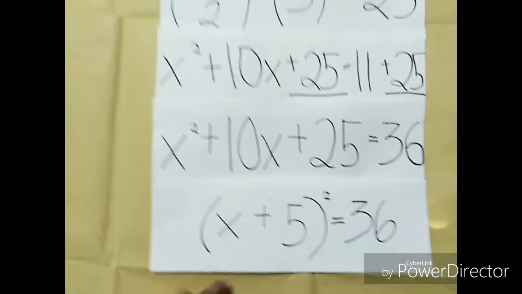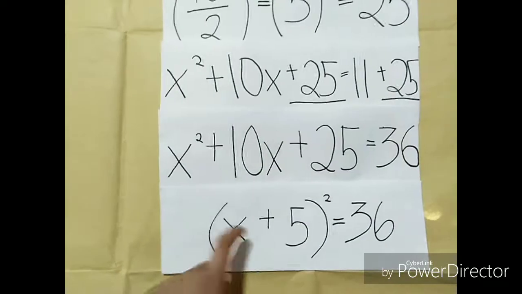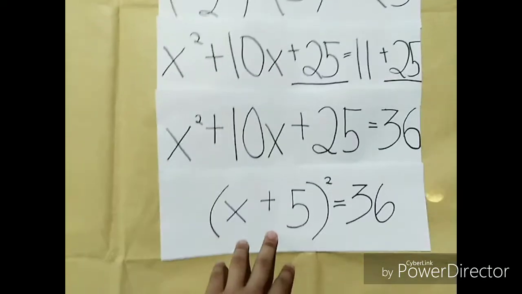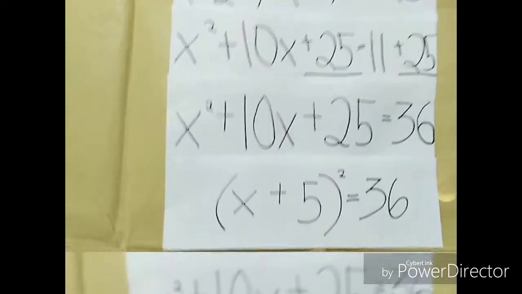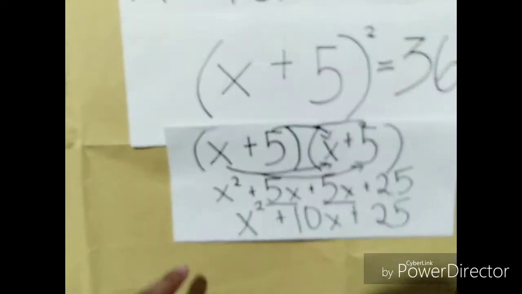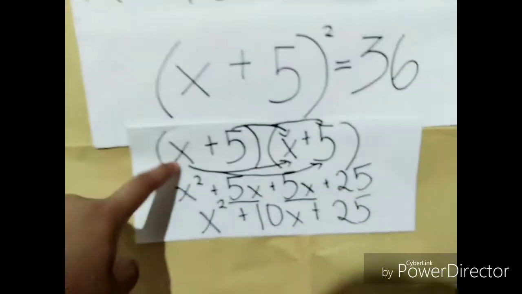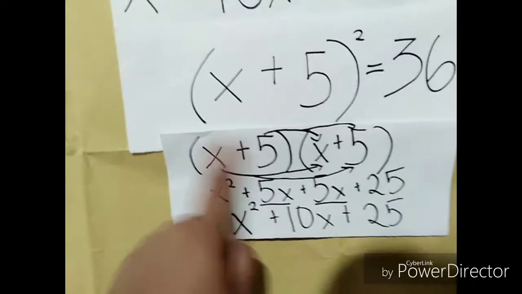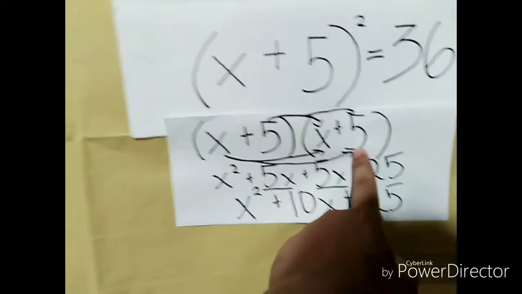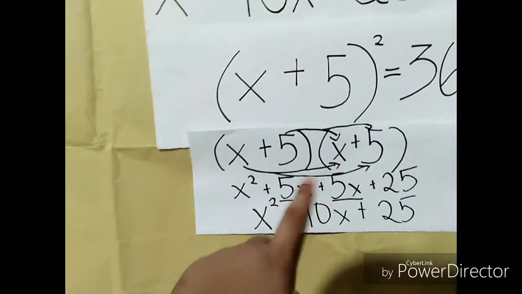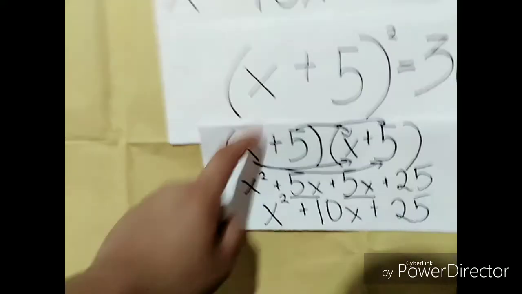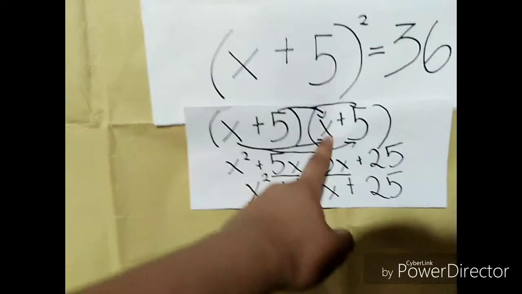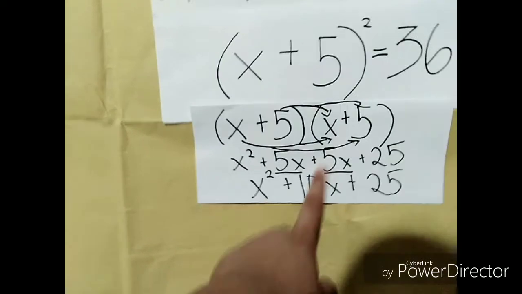To check if the square of the binomial is correct, let's do this. x times x equals x squared. Then x times 5 equals positive 5x. Then positive 5 times positive x equals positive 5x.